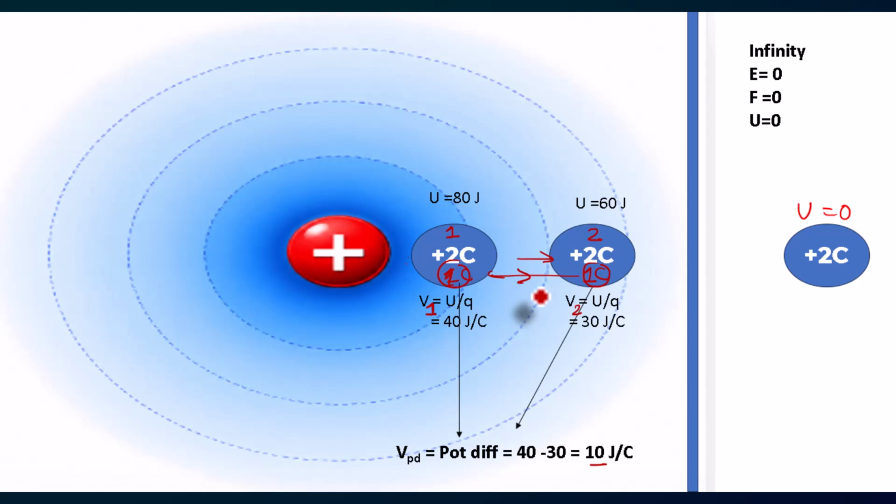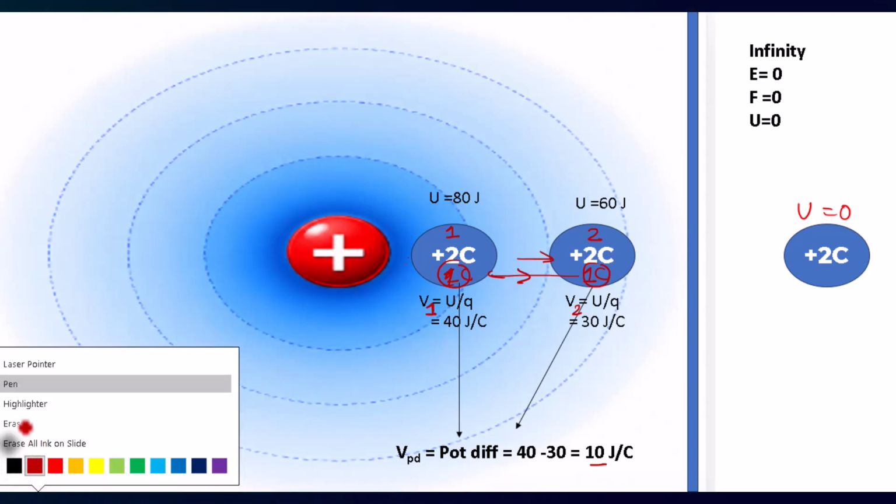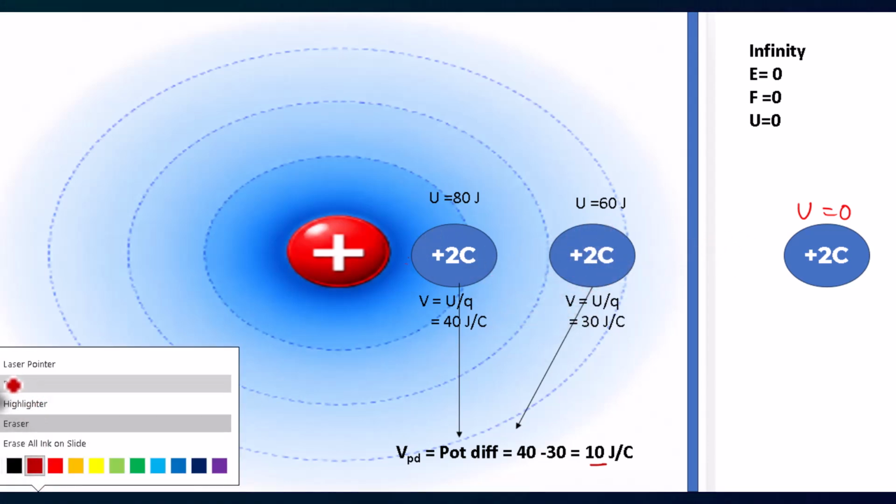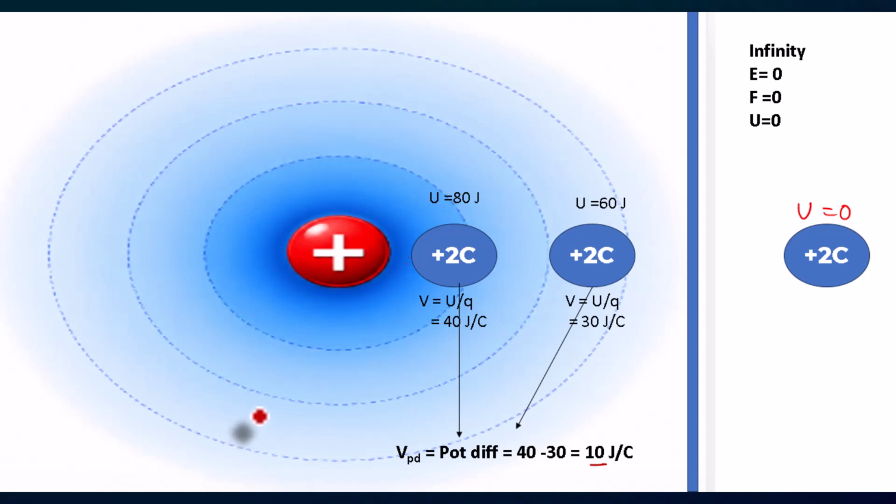Now, notice something very interesting. Let me once again erase. Right. Yes. Now I want to draw your attention to something very interesting. And that is electric potential. We had called this V1 and V2.